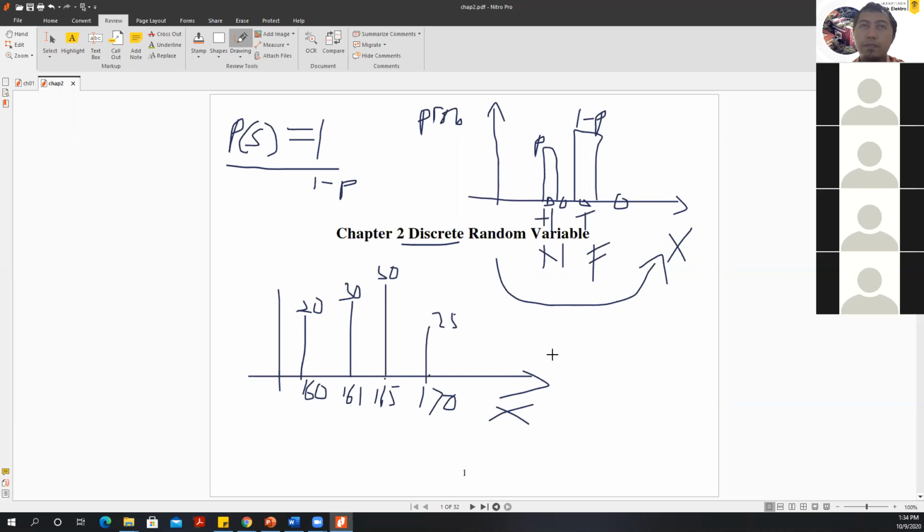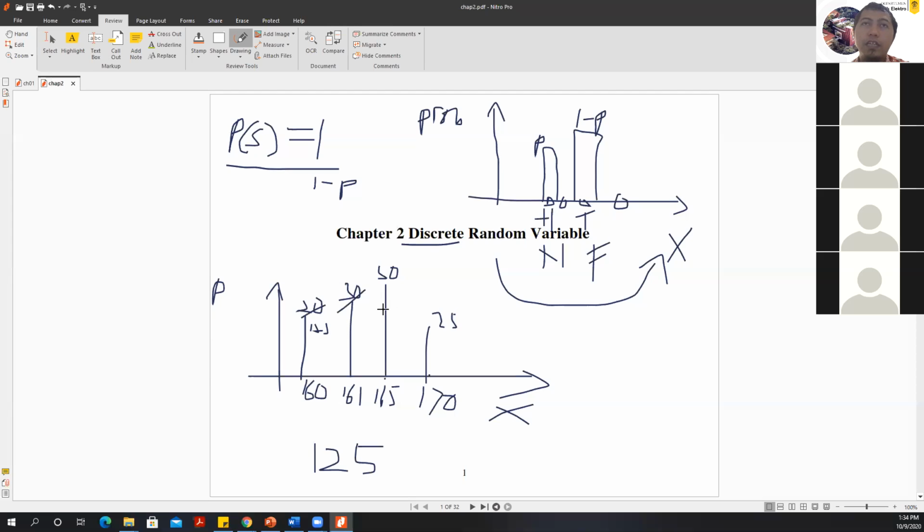So the total is 125, right? So the probability here is just 20 divided by 125, right?